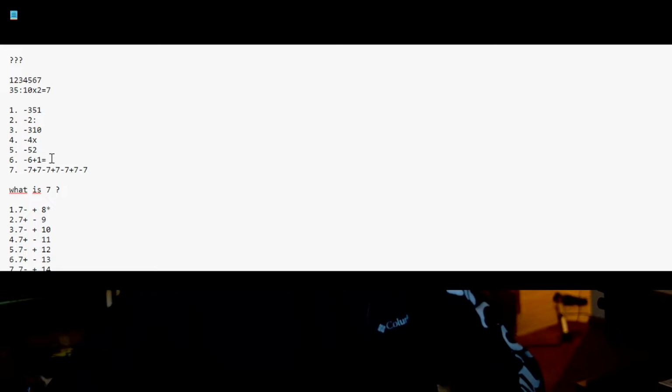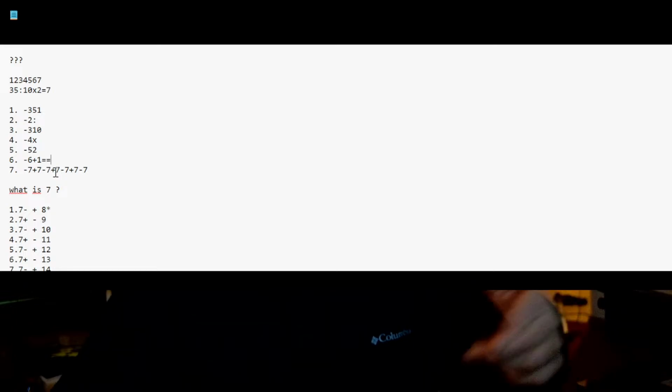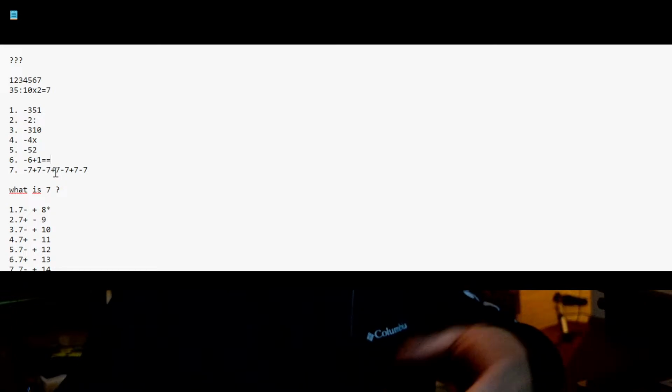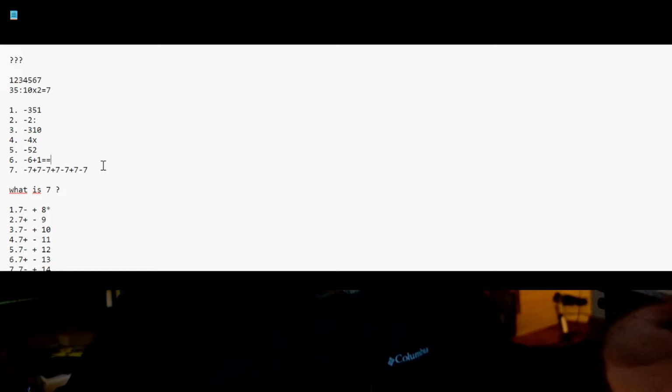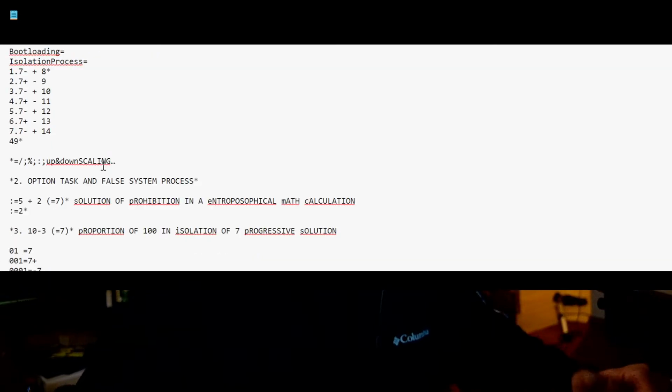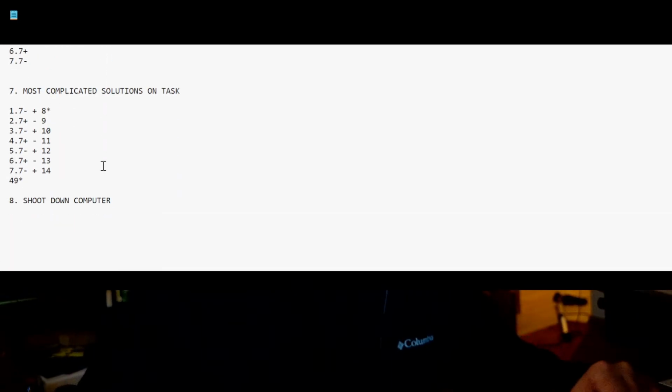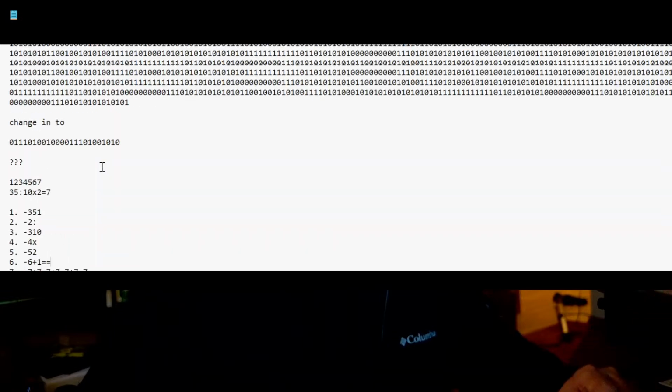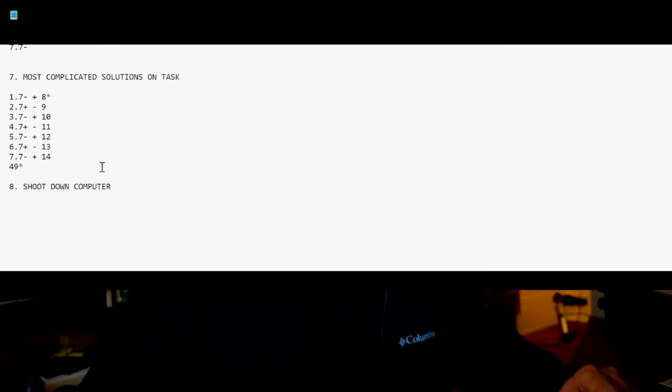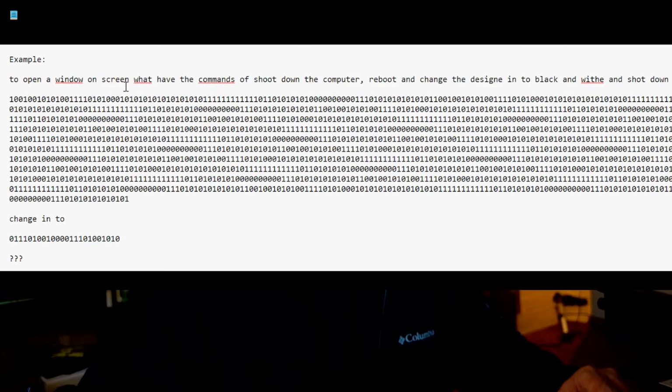So is equal to equal, and 7, then 7 plus 7 minus 7 plus 7 minus 7 plus 7 minus 7 is then 0 or 7. So 0 or 1.